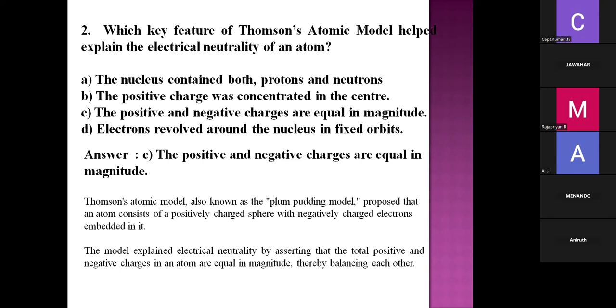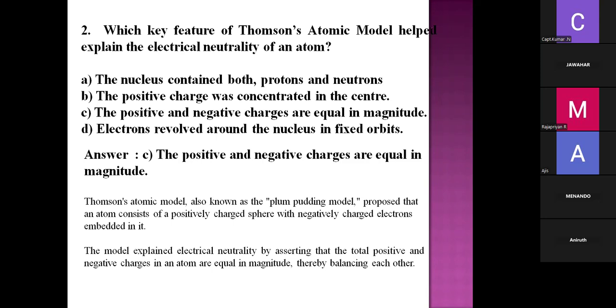The model laid the foundation for understanding the structure of atoms, despite its inability to explain atomic stability or spectral lines. The concept of equal positive and negative charges was a significant step toward uncovering the atomic structure, leading to further advancement in atomic theory.